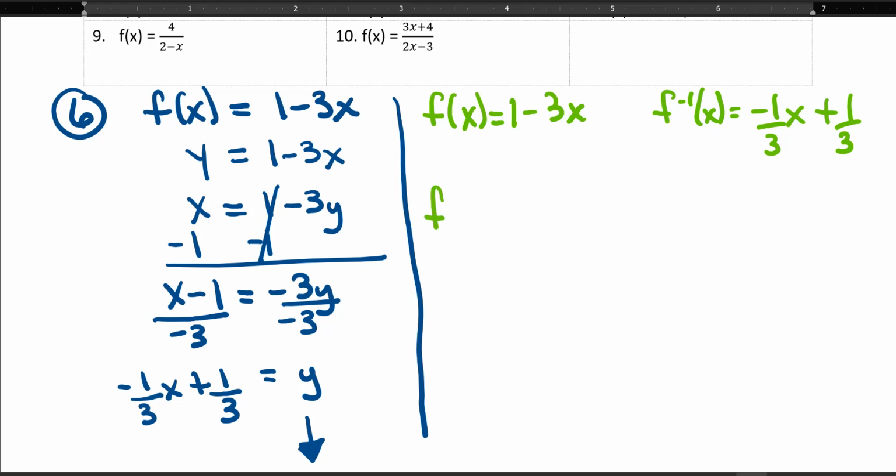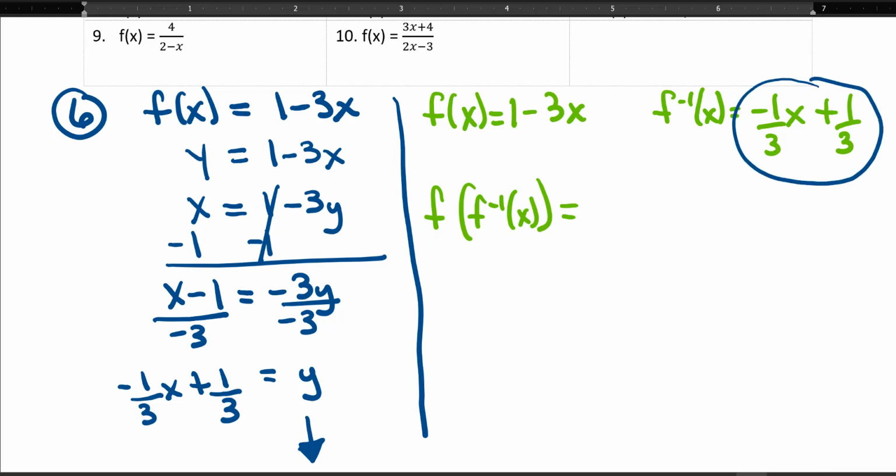All right. So we want to see if these two functions are inverses of each other. And then what we're going to do is take our innermost function, our inverse function, and substitute it into this equation for x.